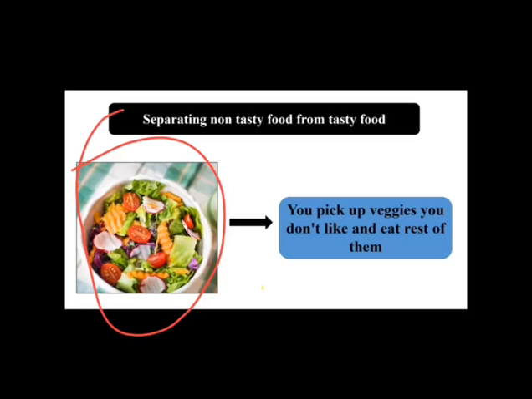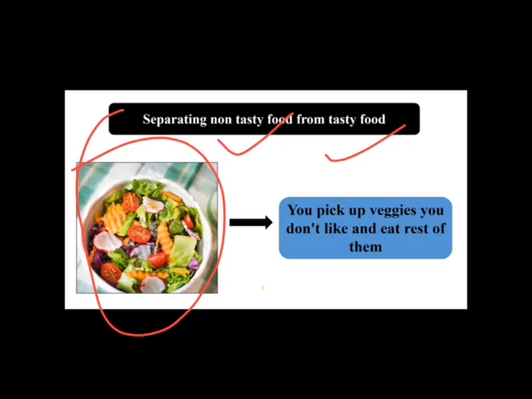You pick up those veggies which you don't like and eat the rest of them. You separate the non-tasty food from the tasty food. So this is also a separation method.